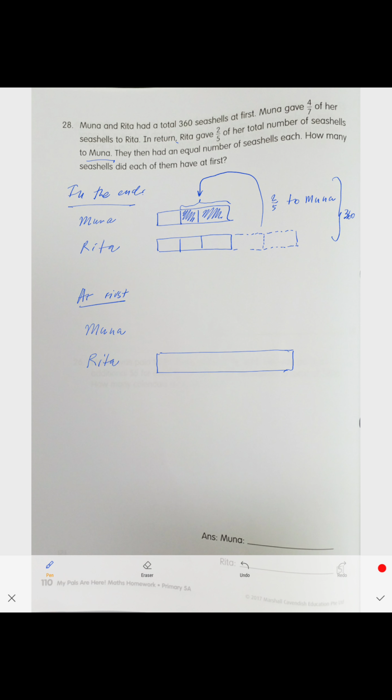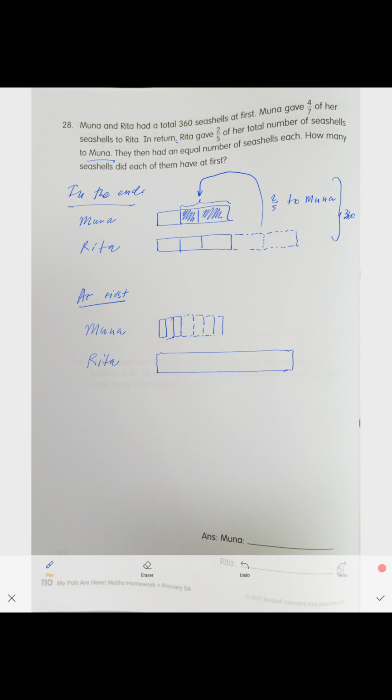So 4/7 to Rita. How did that happen? 4/7 means that Muna had a certain amount, and she had 7 units. I have to draw it as a dashed line. So 3 units and then 4.